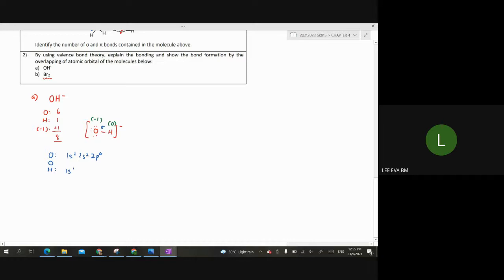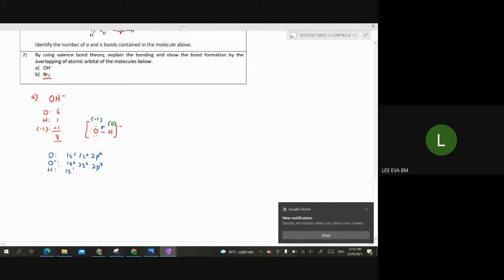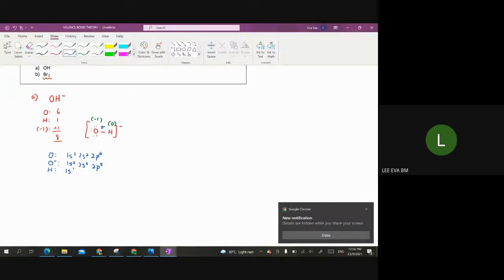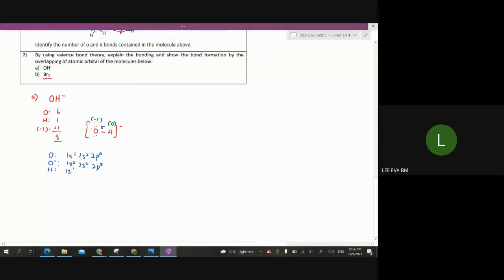That's why you learn about calculations for formal charge. So for O negative, okay, so kita ada 1s2, 2s2, 2p5. Okay, kenapalah madam letak soalan ni? Soalan ni dia come last tapi sebab dia wujud dekat sini, so madam ajak terus lah.